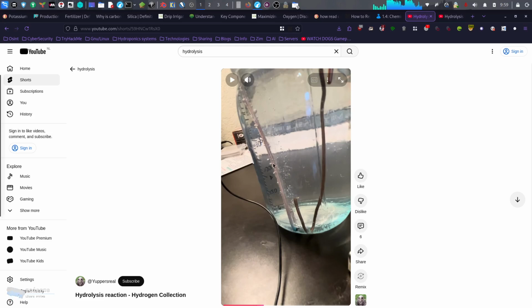You see bubbles. I think this is an oxygen molecule or atom, and oxygen means air.